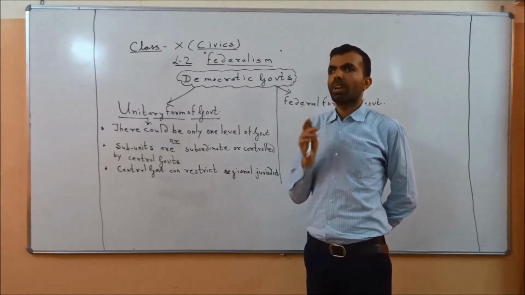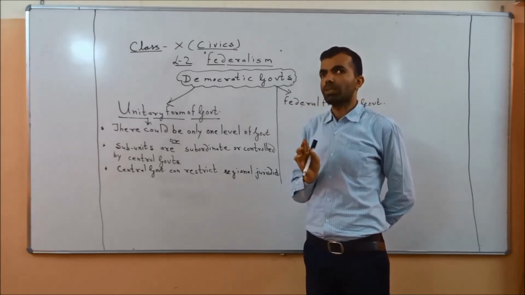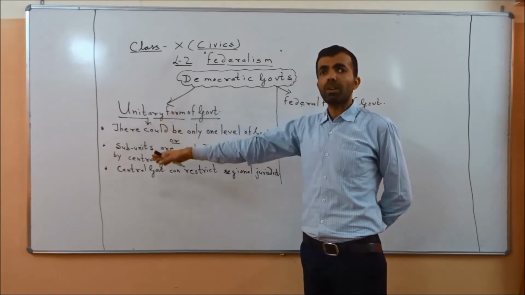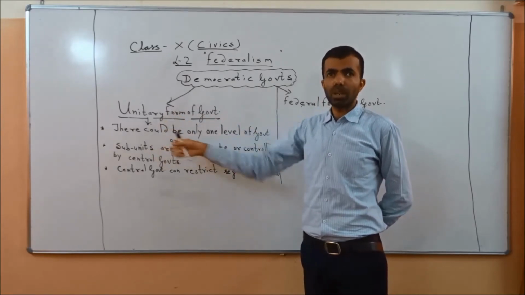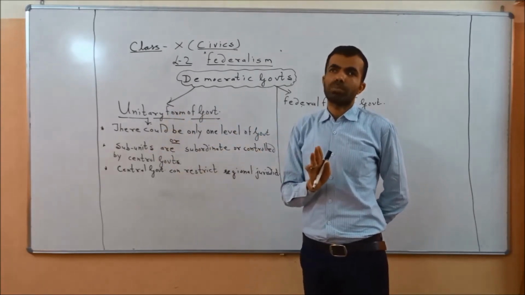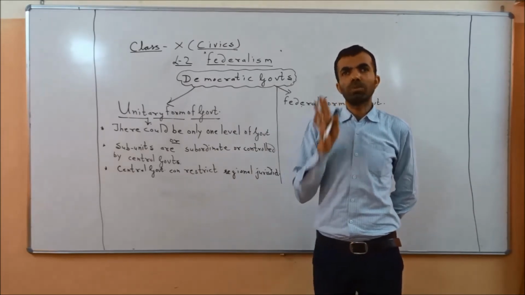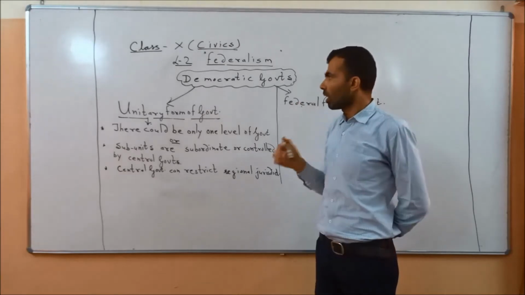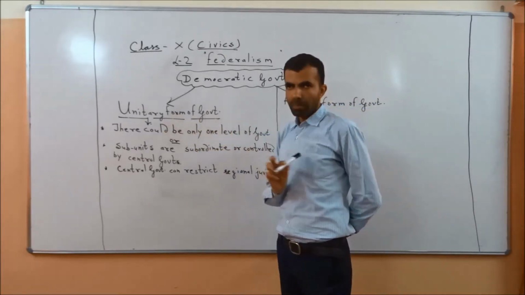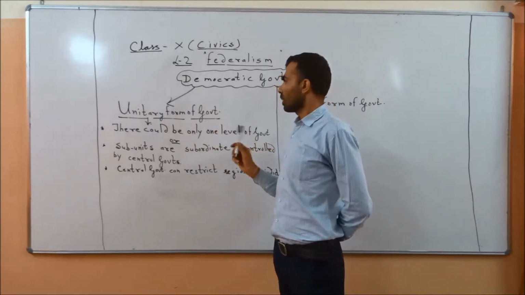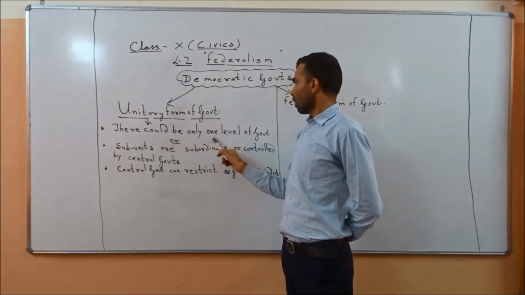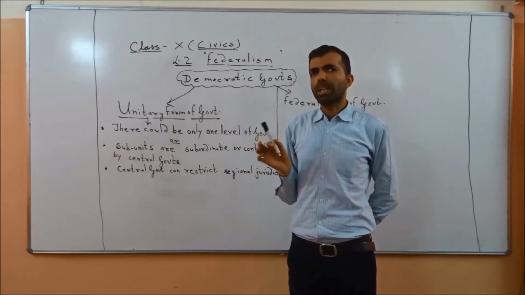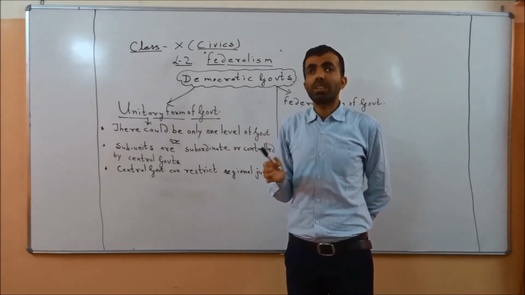In some cases, those countries which are following the unitary form of government may have another set of government also, but with limited powers, with restricted jurisdiction. Again, the unitary form of government is that type of government in which there is only one level of government. May that country be bigger or smaller, that doesn't matter.